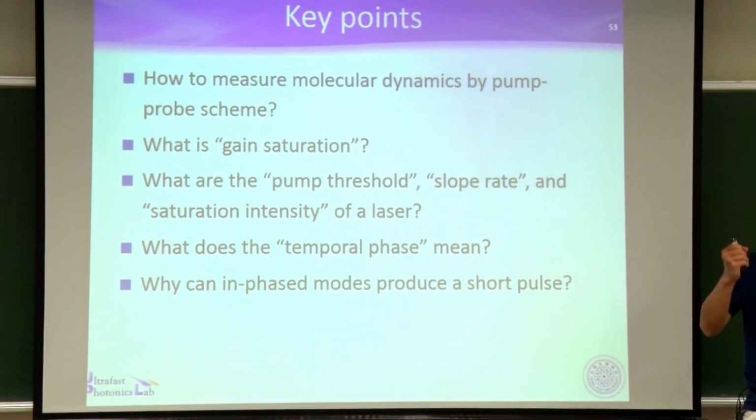You have a short pulse, divide it into two arms. The stronger one is the pump pulse, which hits the test sample, kicking off the mechanism, like the stopwatch, t equals 0, right? Then the weaker probe pulse comes in at a later time, which is controllable by your delay line.